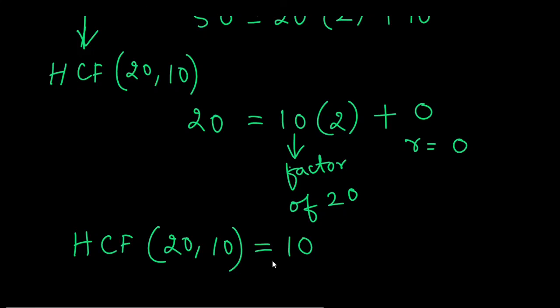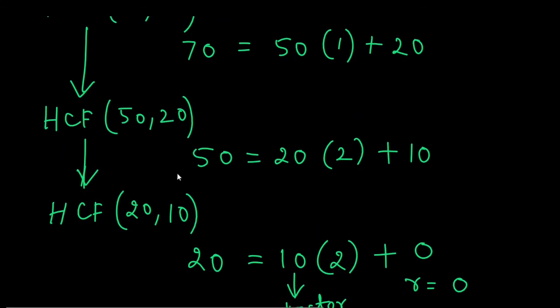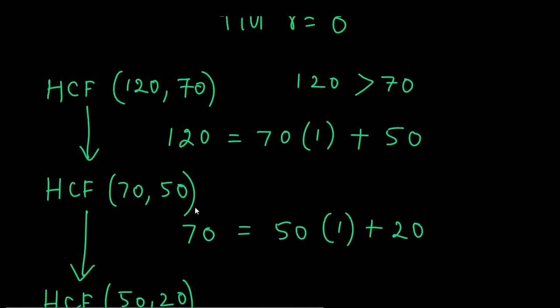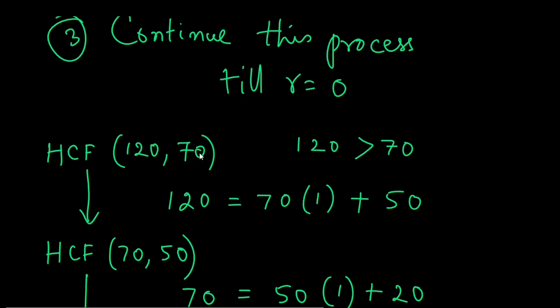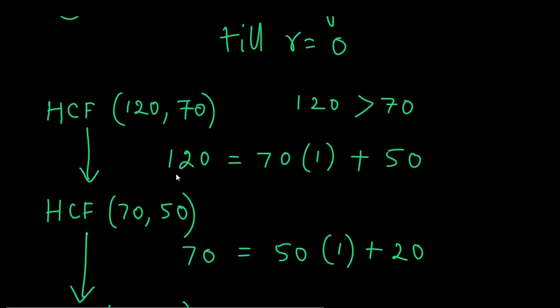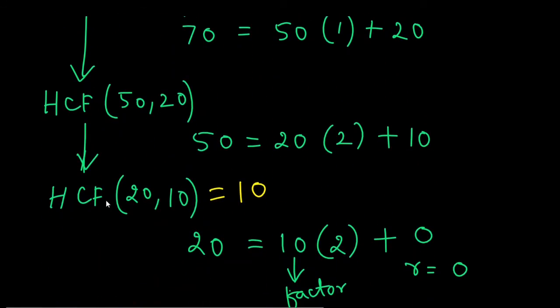So here the HCF is 10. HCF of 20 and 10 is 10. All these HCFs are equal. HCF of 120 and 70 is equal to HCF of 20 and 10.